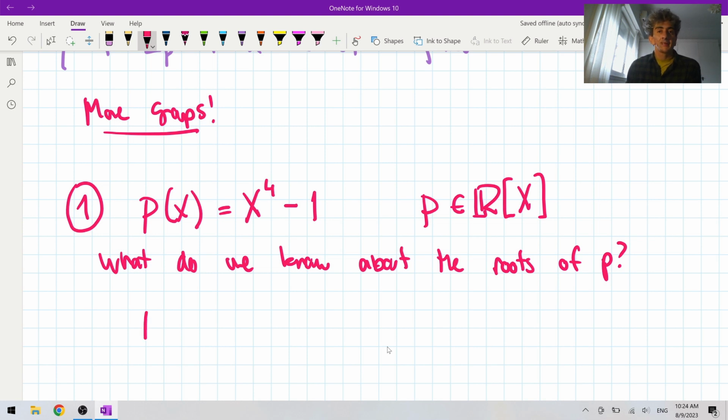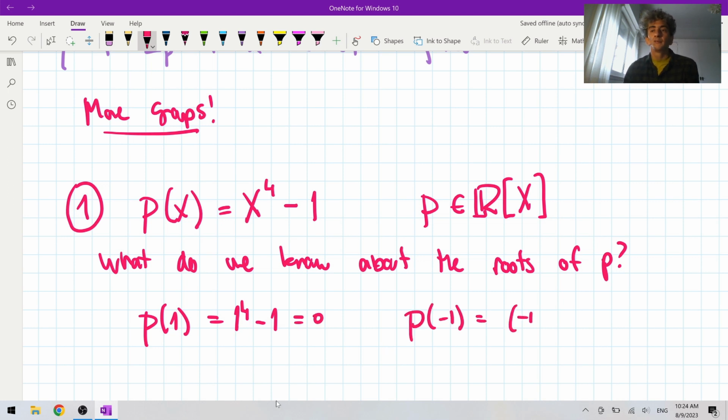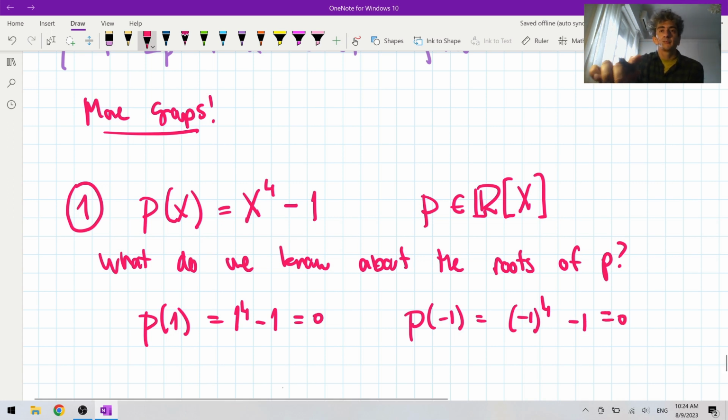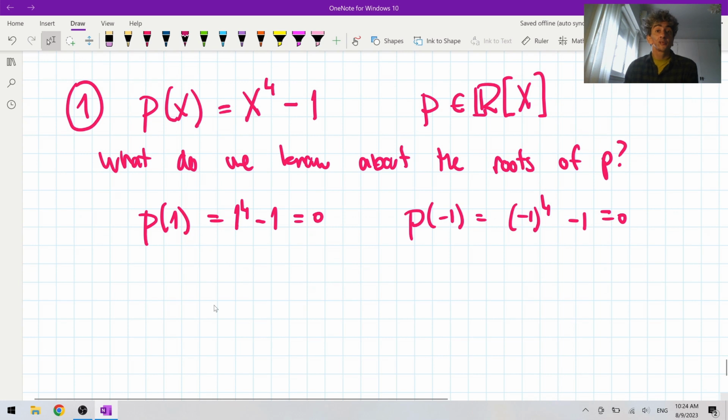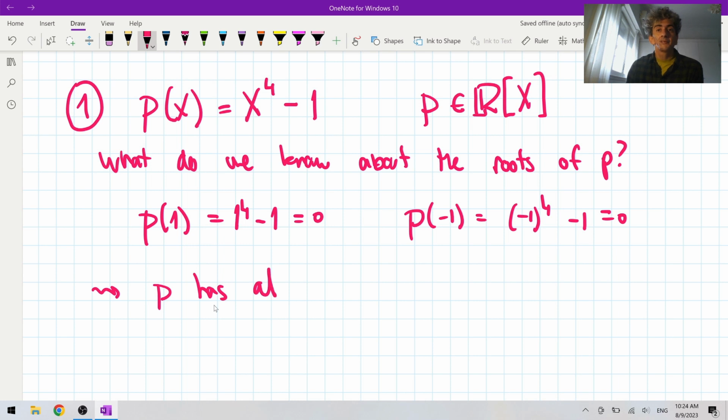That is, p of 1 is actually 0. And we also know that p of minus 1 is also 0. Right? So p has at least two real roots.